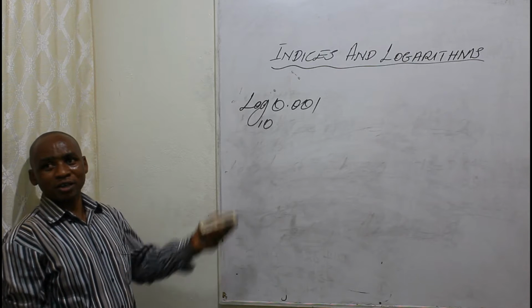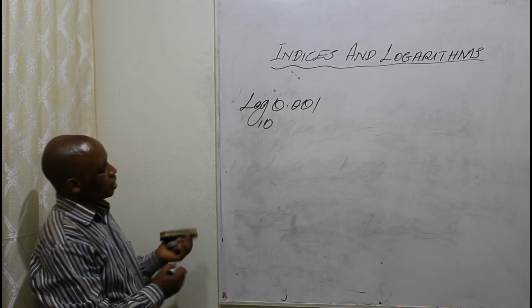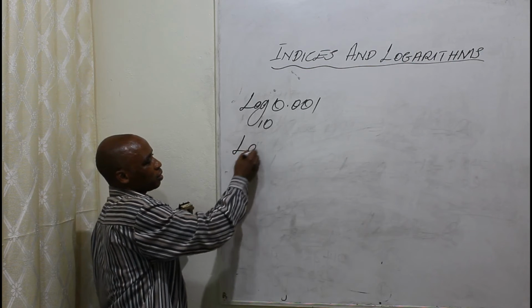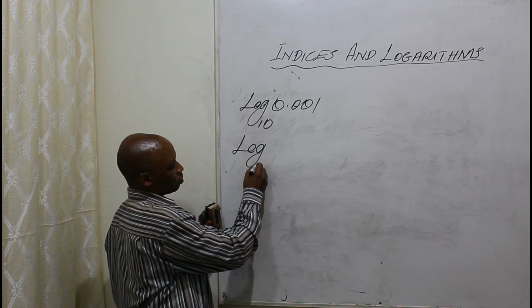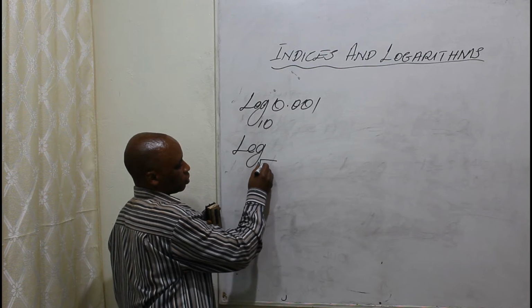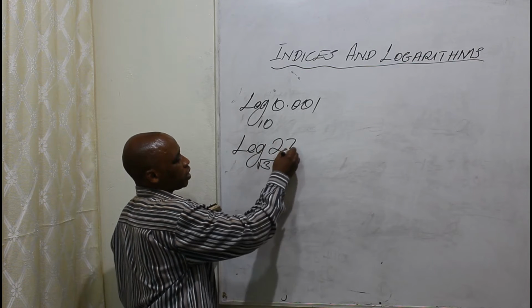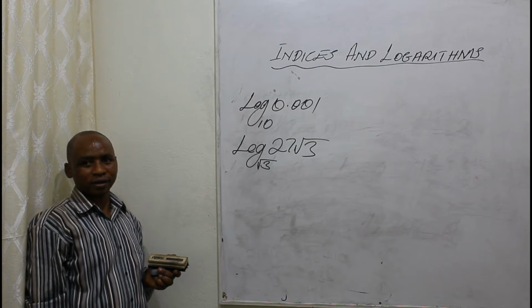In other words, evaluate. Then the second trial question will be: evaluate the log of 27√3 to base √3.